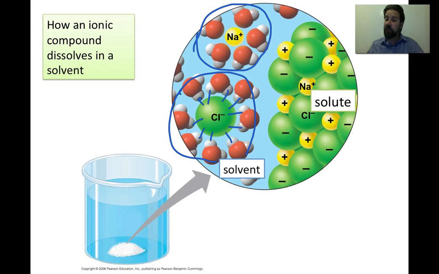So like we said before, when that happens, they're going to attract one another, and it's going to pull each one off of this pile of salt. Likewise, on this top example here, you have the red part sticking to the sodium ion that got pulled off, because this is the oxygen of water. And oxygen is very electronegative, so that is going to be attracted to the positive ion sodium.